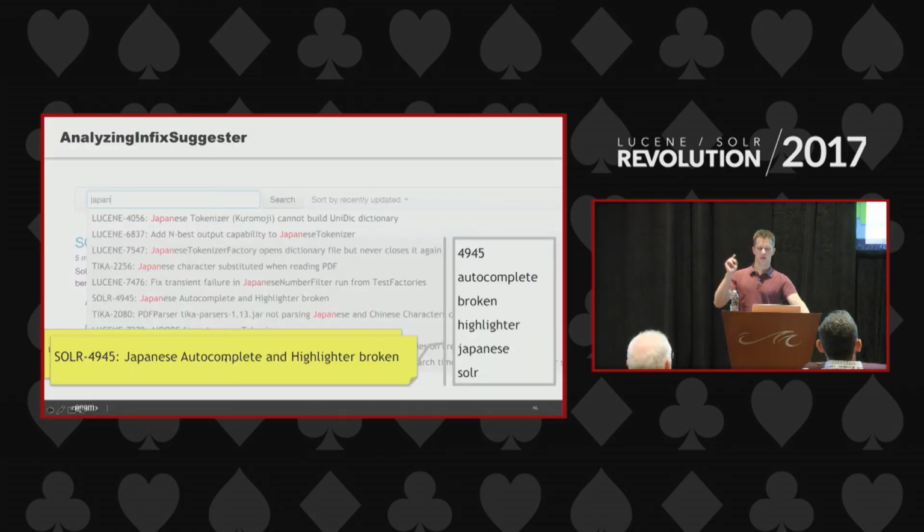So here's how the analyzing infix suggester is used regularly, right? And here, when using it for infix term expansion, we feed it with main index terms. So for example, we have, I don't know, foo in our index.